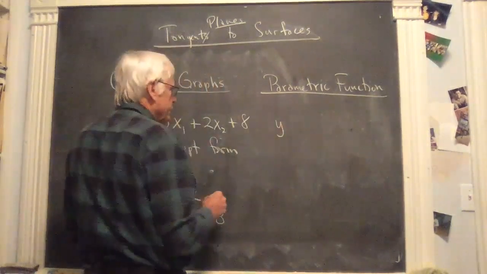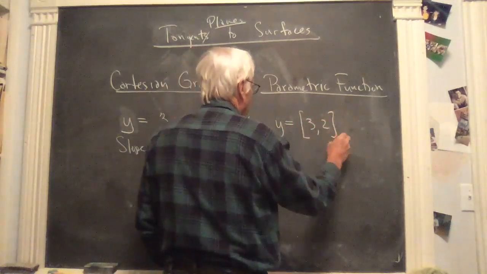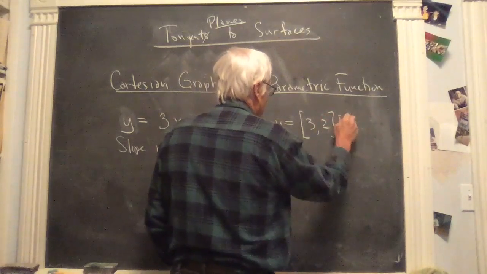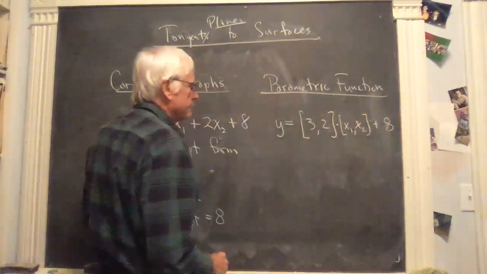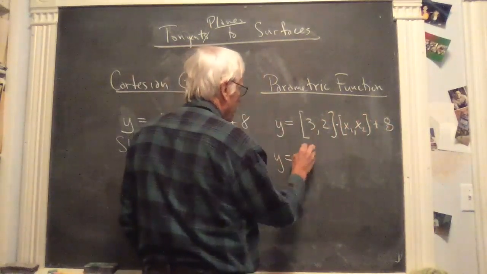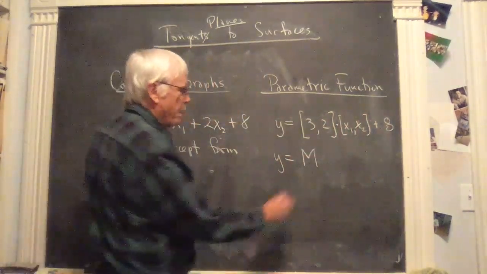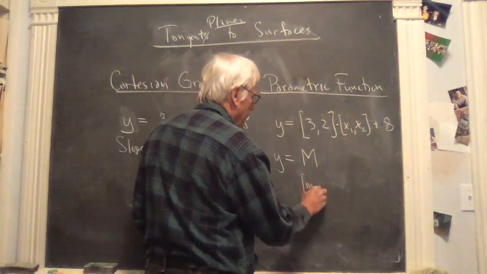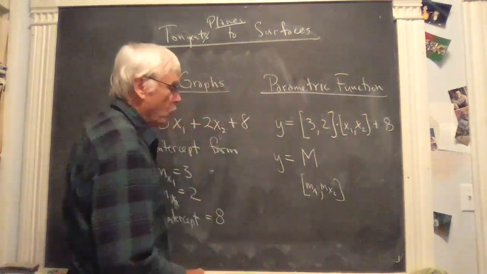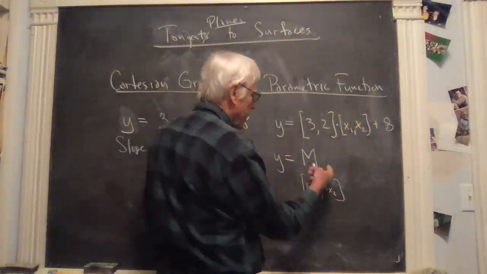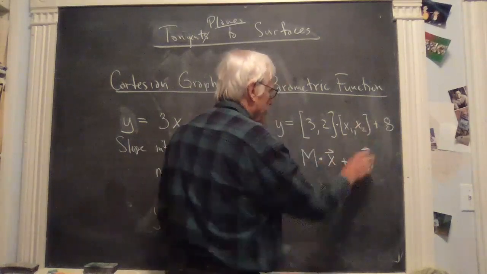So y equals the ordered pair 3, 2 dot product with the vector x1, x2 plus 8, or y is equal to the total slope, which is an ordered pair m, the ordered pair m1, m2. So this is an ordered pair, or a 1 by 2 matrix, times a vector x plus an intercept b. b is just a number.